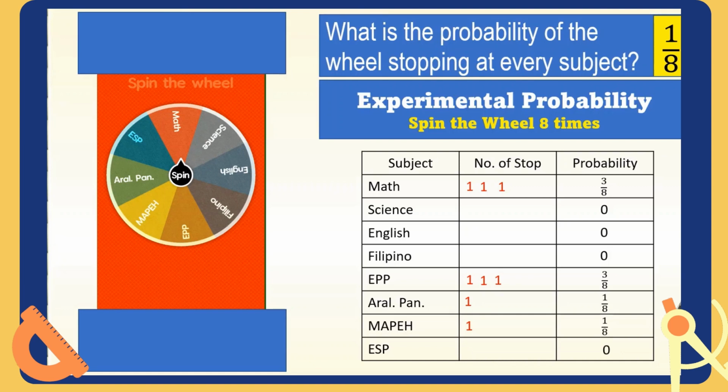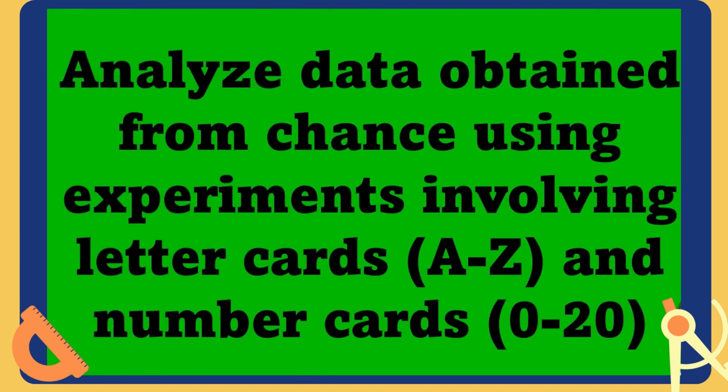So, ganyan ang mangyayari pag nasa actual experiment tayo. Not like in probability, na ang probability is chance lang yan na kung saan mag-i-stop ang ating wheel. Pero pagdating ng actual, ay dito natin makikita talaga ang tinatawag nating experimental probability. So, next.